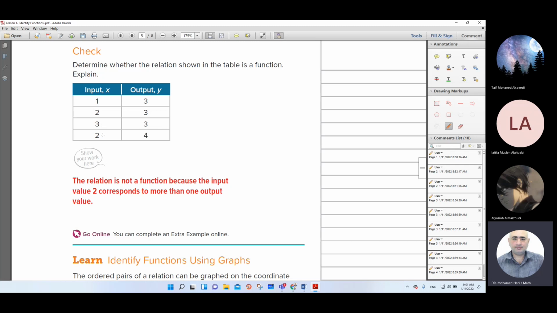But here 2 also corresponds with 2. So 2 has more than one relation, which means it is not a function. The relation is not a function because the input value 2 corresponds to more than one output value.